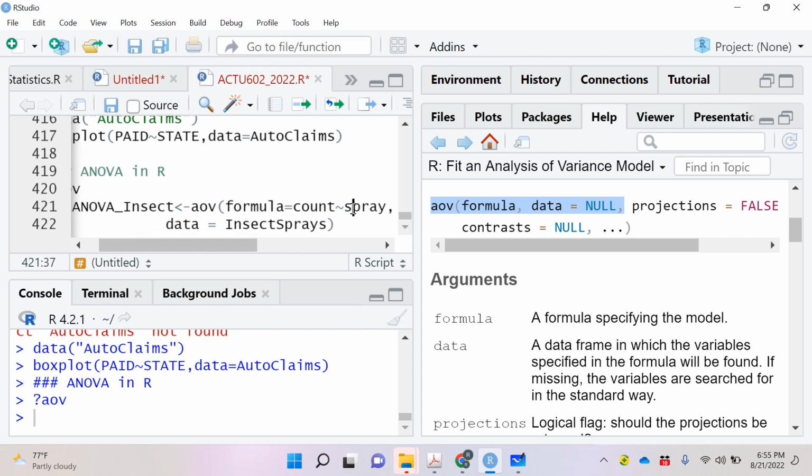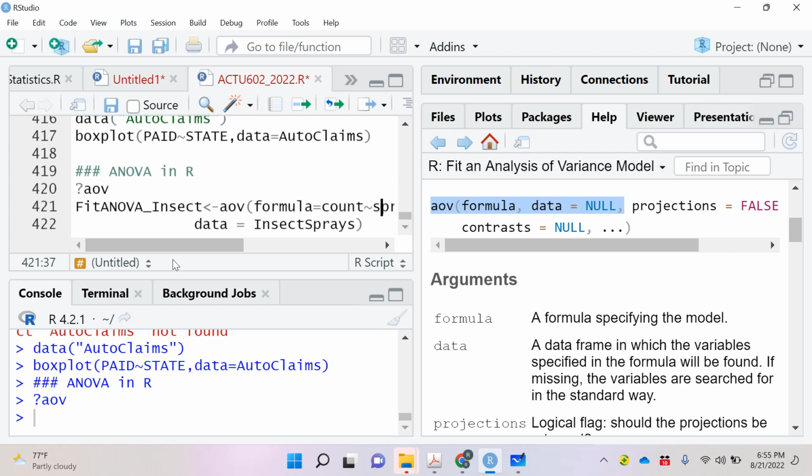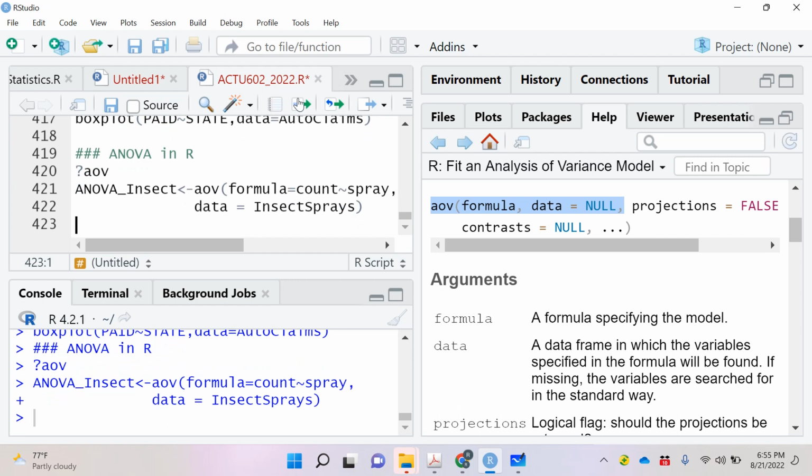If the spelling is not right, it won't work. Let this be ANOVA.insect. So now I do this, and I have my ANOVA.